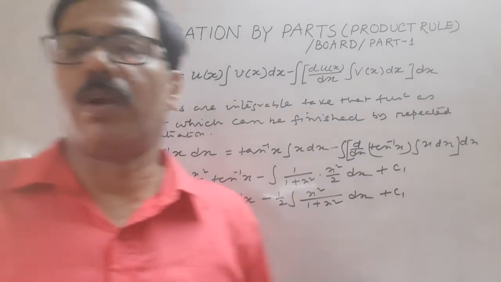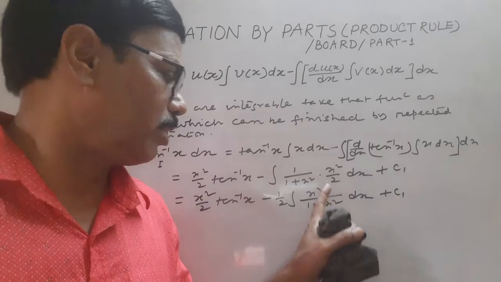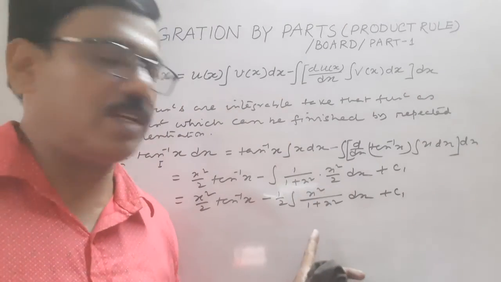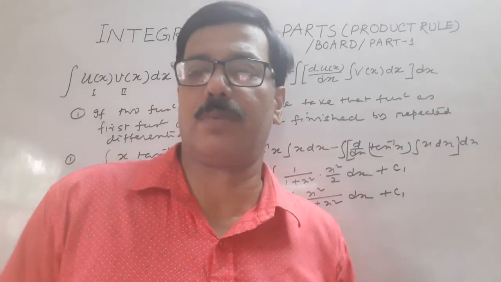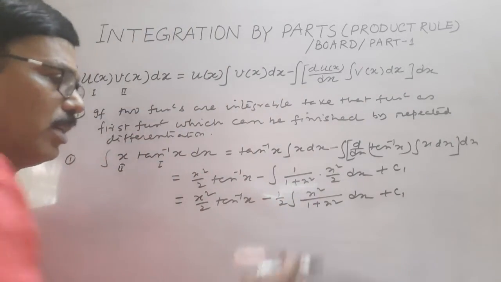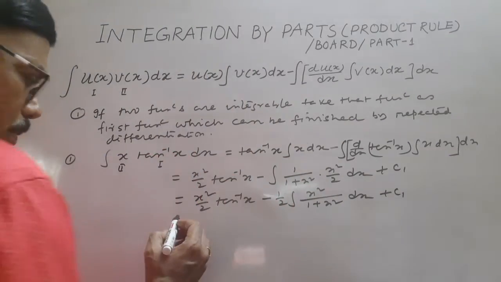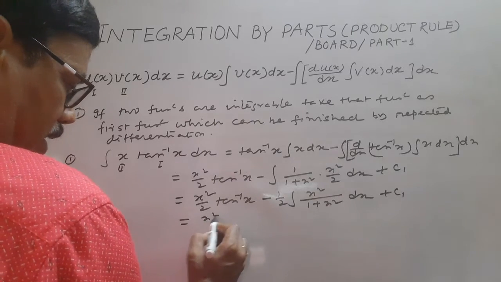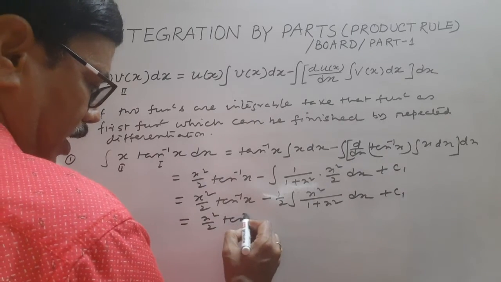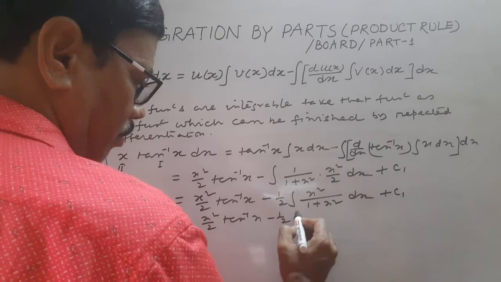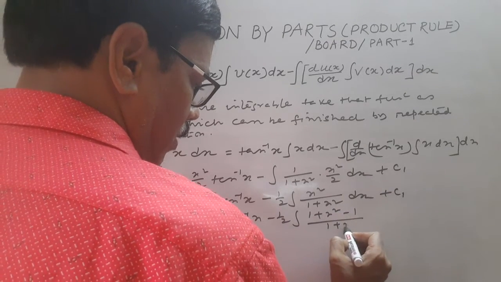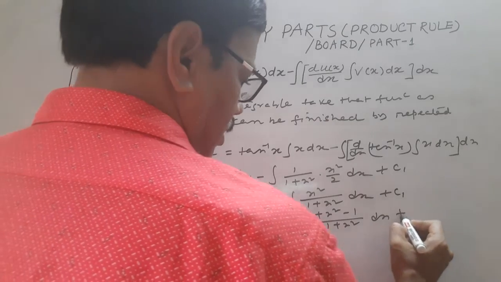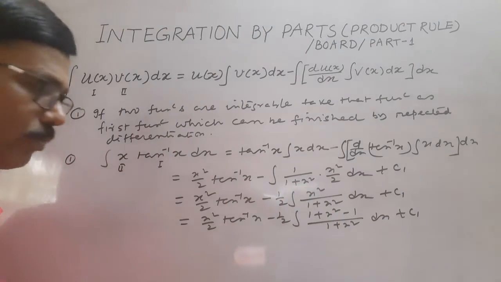Now our main aim is to integrate this. Look, the power is the same, so this can be integrated by the division method, or by inspection. So x square by 2 tan inverse x minus half the integral of (1 plus x square minus 1) by (1 plus x square) dx plus c1.